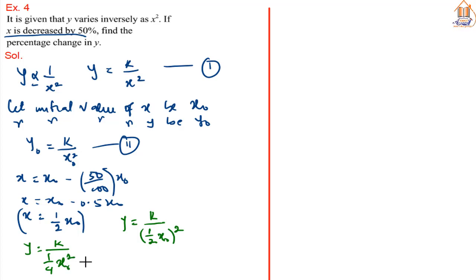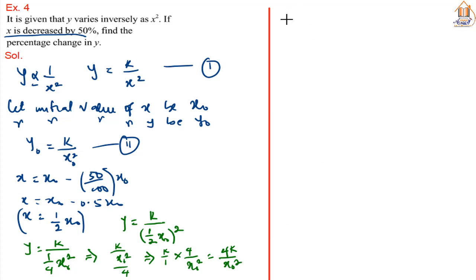Now, what are we going to do here? We are going to further simplify it, which gives us k all over x naught square all over 4. Further simplify it as k all over 1 times 4 all over x naught square, which gives us 4k all over x naught square.